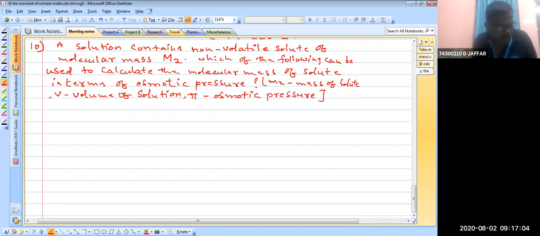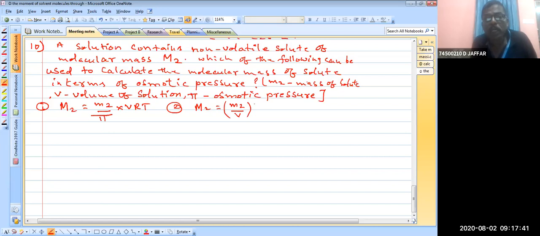So now option 1 is capital M2 is equal to small m2 divided by π into VRT. Second option, capital M2 is equal to small m2 by V into RT by π.